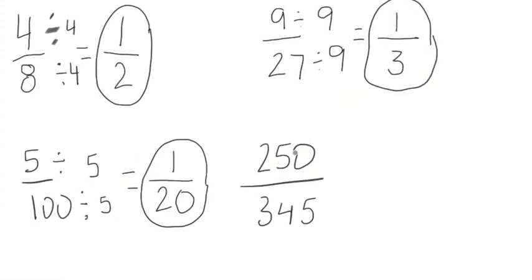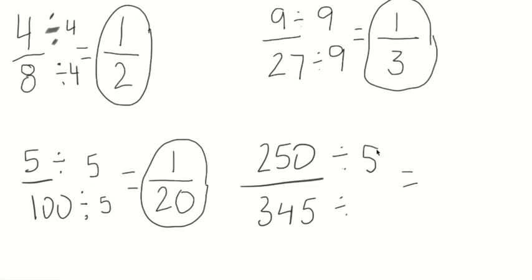What about 250 over 345? This one is a lot larger. The numbers that we're working with are bigger, so it might take a little while to try and find the largest number. I'm going to give you guys a little extra thinking time for this one. 5.